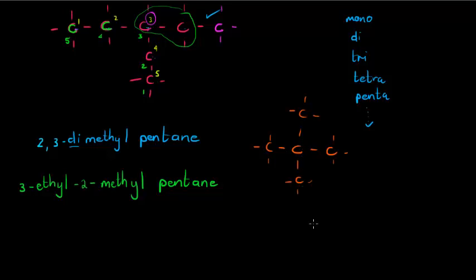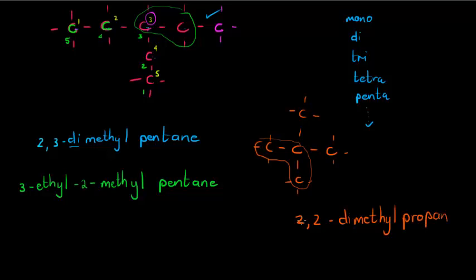So the way I would name this is I would say, no matter which way you choose your 3 carbons, even if I go this way, it is always the second carbon that has 2 methyl groups. So this one will be 2, 2, because there's 2, we'll say dimethyl, and then 3 is propane.